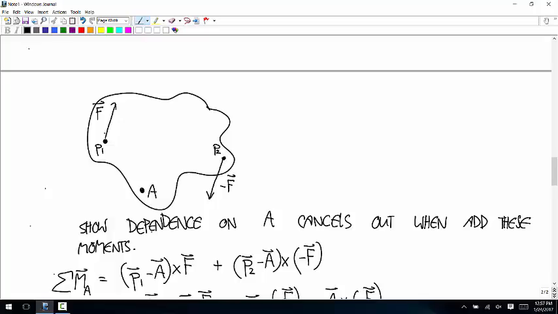You just have to make sure that whatever you're calling F is associated with P1, and whatever you're calling negative F is associated with P2. In order to use this formula, you can call them whatever you want if you want to go through the derivation each time. But if you want to use that as a formula, you need to always group the F with the P1 and the negative F with the P2.